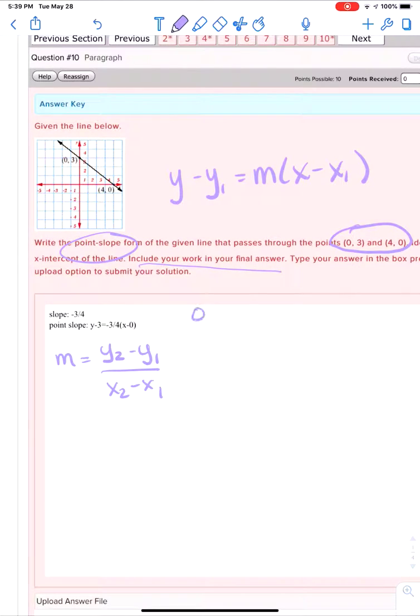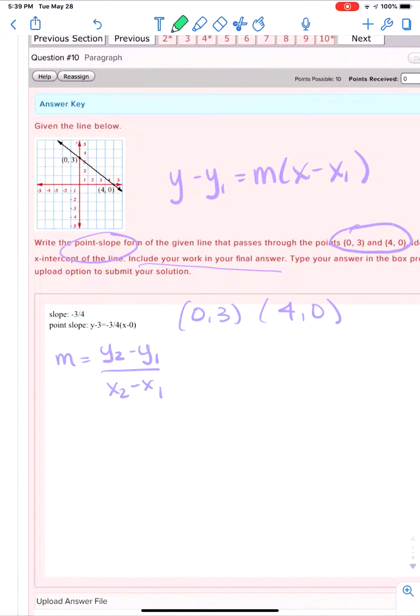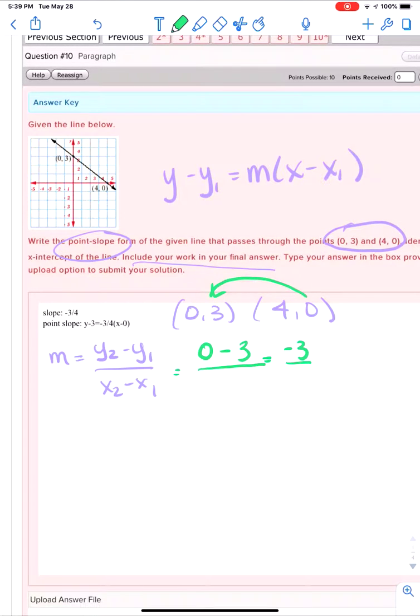So if my points are (0, 3) and (4, 0), it doesn't matter the order that you go in, but we're going to have to get the y's organized on the top. So on the top, I could do 0 minus 3, which would be negative 3.